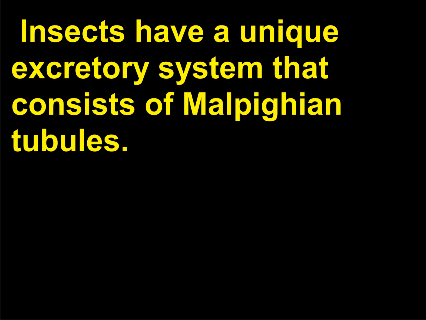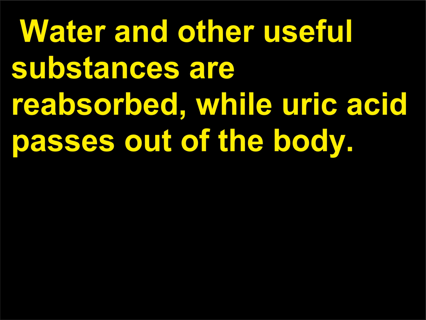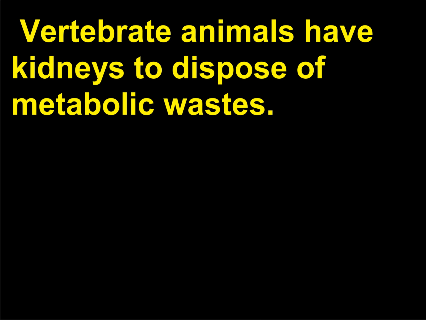Insects have a unique excretory system that consists of Malpighian tubules. Waste products enter the Malpighian tubes from the body cavity. Water and other useful substances are reabsorbed, while uric acid passes out of the body. Vertebrate animals have kidneys to dispose of metabolic wastes.